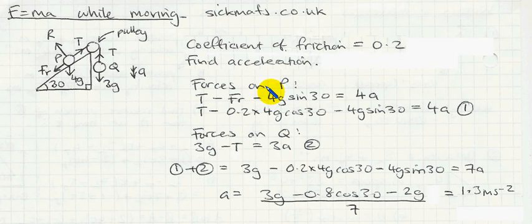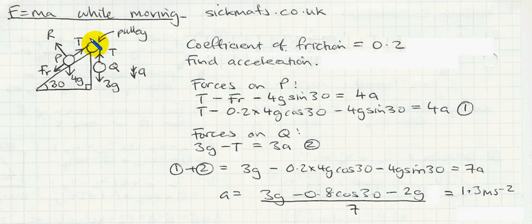Forces on P over here. T minus friction. T is the thing that's pulling this particle up, because we're assuming it's going upwards because of the acceleration being in this direction. That's another thing we didn't mention.